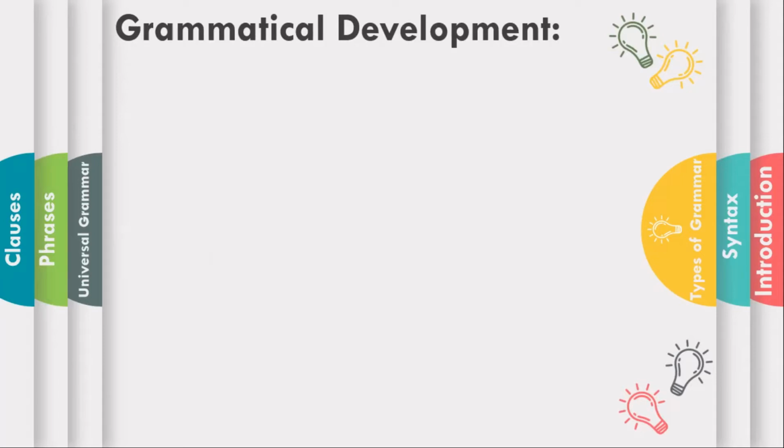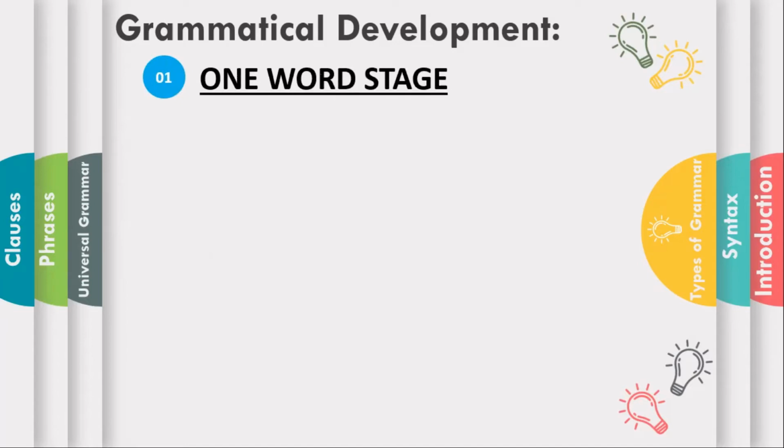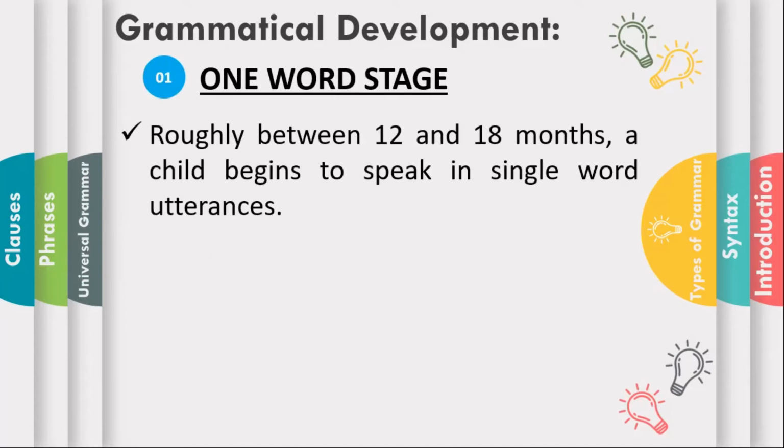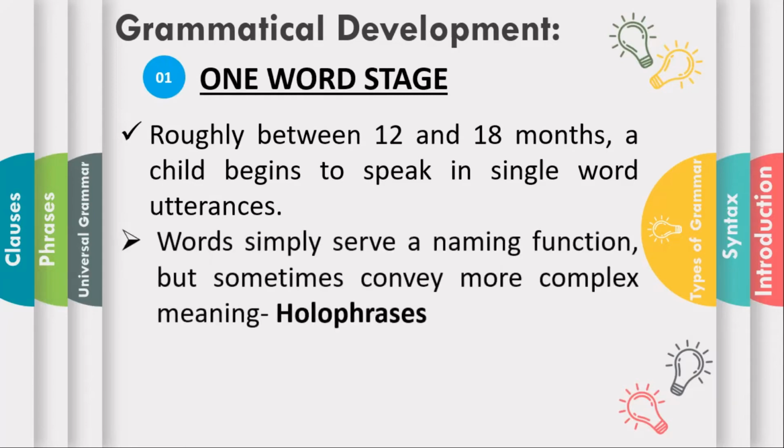The first stage is called the one-word stage. Roughly between 12 and 18 months, a child begins to speak in single-word utterances such as milk, mommy, and so on. The words simply serve a naming function, but sometimes convey more complex meaning, which are called holophrases.